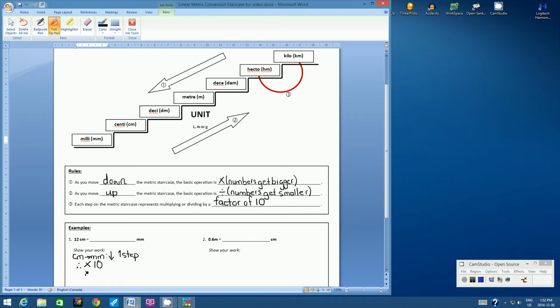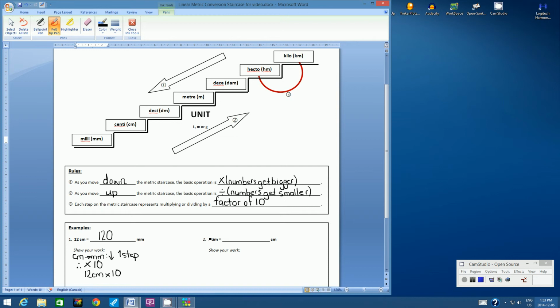So we take 12 centimeters and multiply it by 10. Early in the year, we learned how to multiply and divide very quickly by factors of 10. If we're multiplying by 10, we simply move the decimal place 1 place to the right. So we end up with 120 millimeters. 12 centimeters equals 120 millimeters.